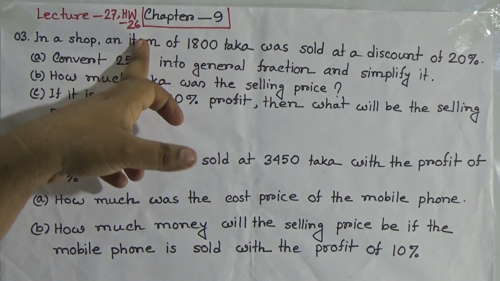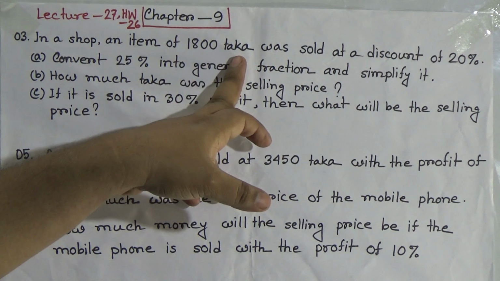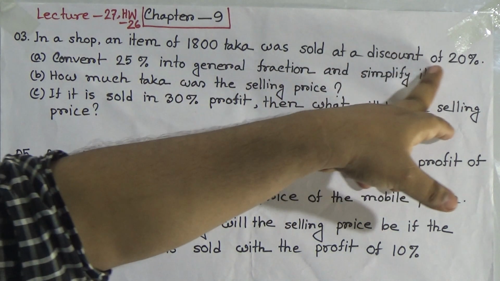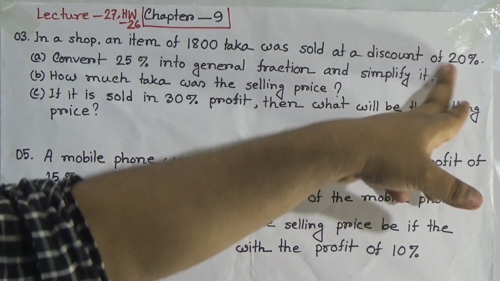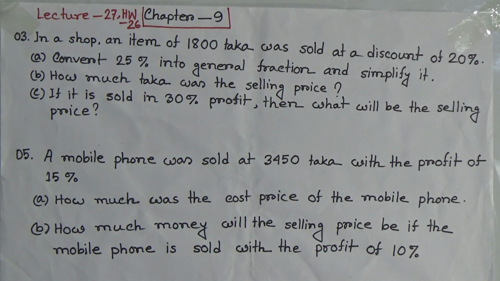That means the item's cost price is 1800 taka and it was sold at a discount of 20%. A discount of 20% means what? That means if the cost price is 100 taka, then the selling price will be 100 minus 20, that means 80 taka. So now write, and I erase question number A.